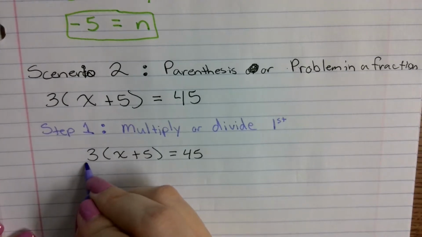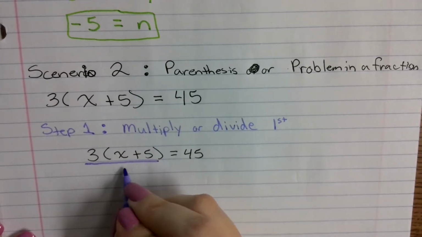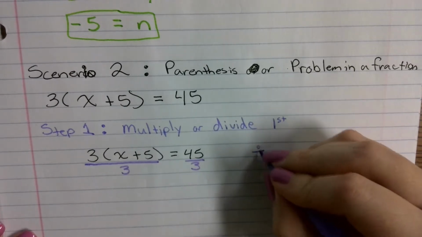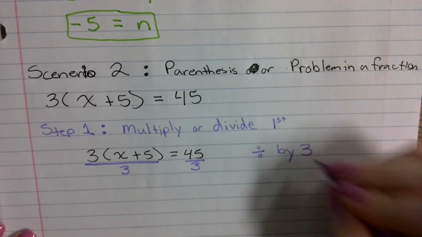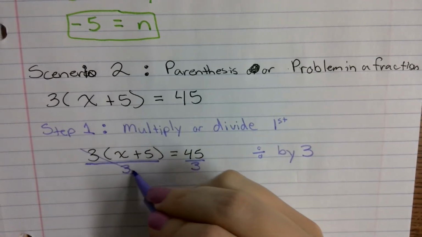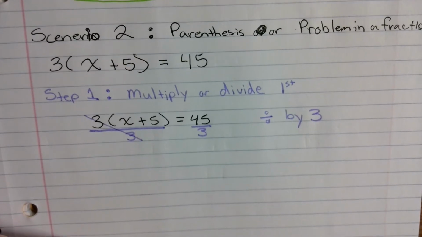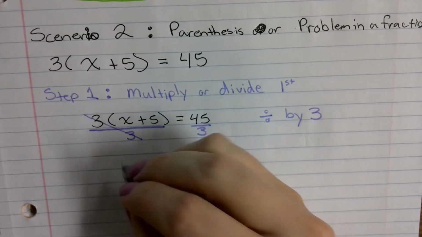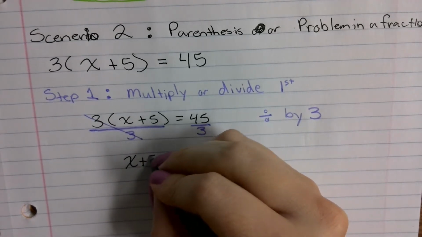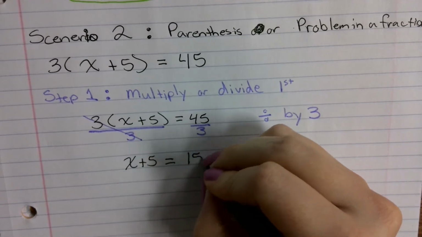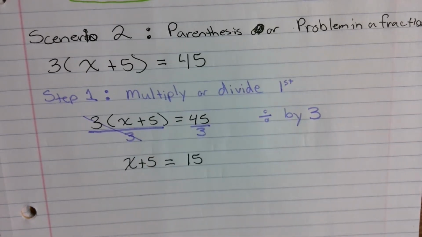I'm going to divide by the 3. So the 3's will get canceled out on this side. And now I'm left with x plus 5 on the left side and 15 on the right side, because 45 divided by 3 is going to give us 15.